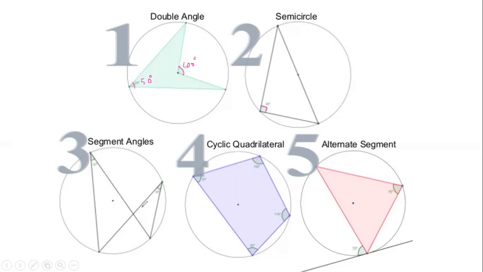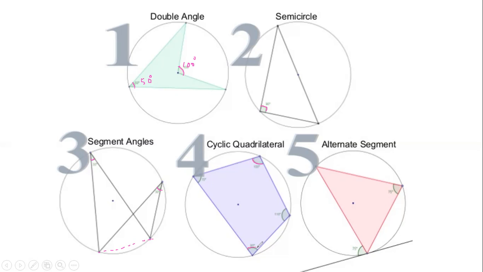Then angles in the same segment are equal. So that's why we have this angle and this one being equal, because they are subtended in the same segment and from the same chord here. Then cyclic quadrilaterals: opposite angles in cyclic quadrilaterals, which are inscribed, add up to 180 degrees.